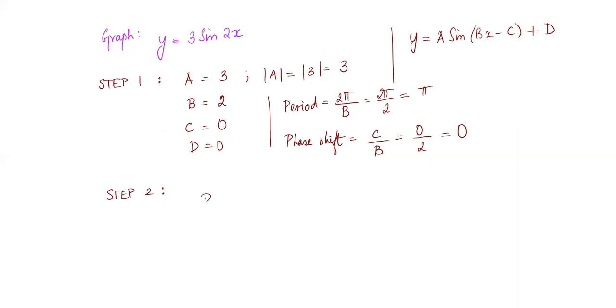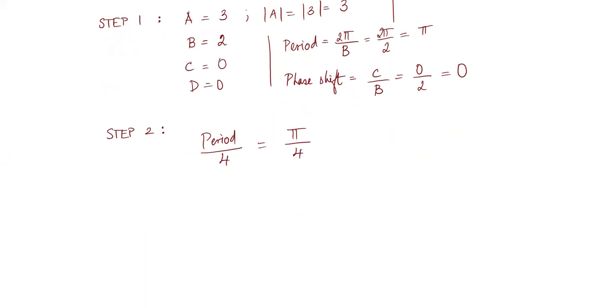For that, we need period over 4. Our period was pi, so pi over 4 is our period over 4. We need this to generate the points. X1 is always your phase shift, and our phase shift in this problem is 0. X2 is X1 plus pi over 4, which is pi over 4.